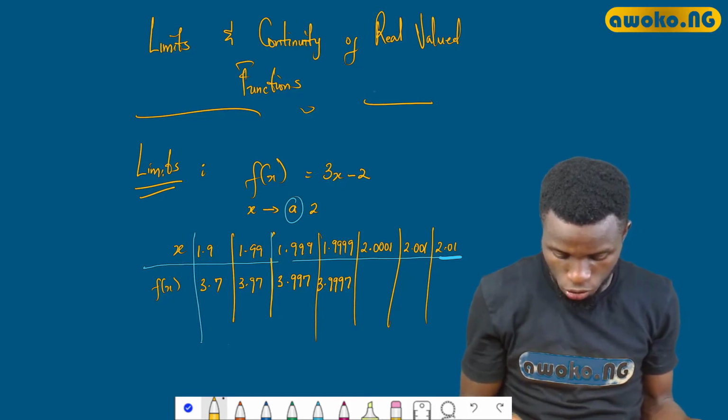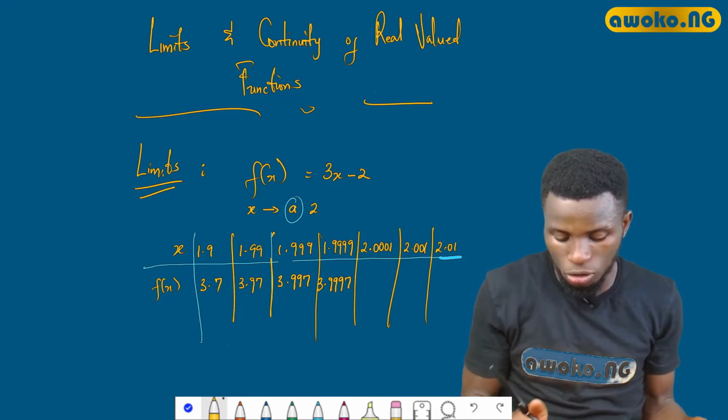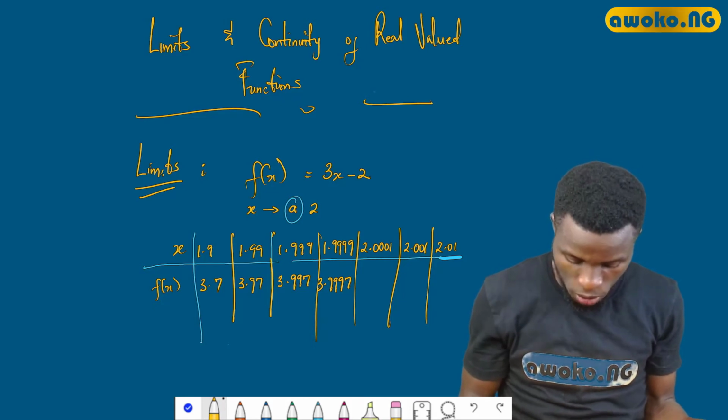Then if we jump to the other side and we put x equals 2.001 into the function 3x minus 2, we have something like this.